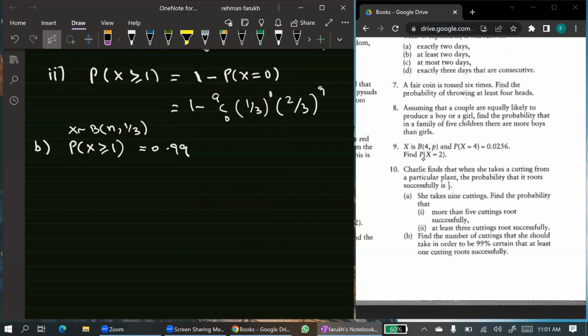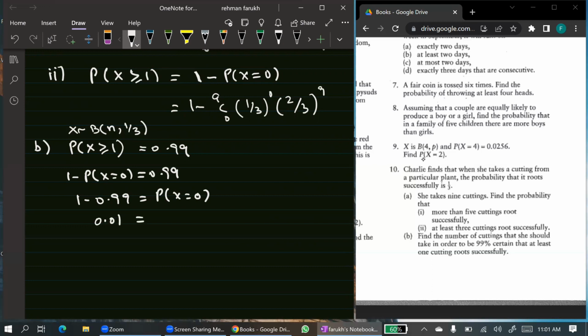Now, how can we handle probability of x is greater than equal to 1? We will write down this one. 1 minus probability of x is equal to 0 is equal to 0.99. 1 minus 0.99 is equal to probability of x is equal to 0. 0.01 is equal to, for the probability x is equal to 0, NC0, n is unknown.